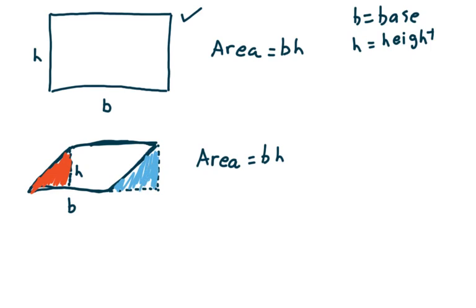And so if I just focus, and I'll highlight this in blue, if I focus on this part over here, we get a rectangle. That rectangle will give you the equivalent area of the parallelogram, and so the area still is base times height.